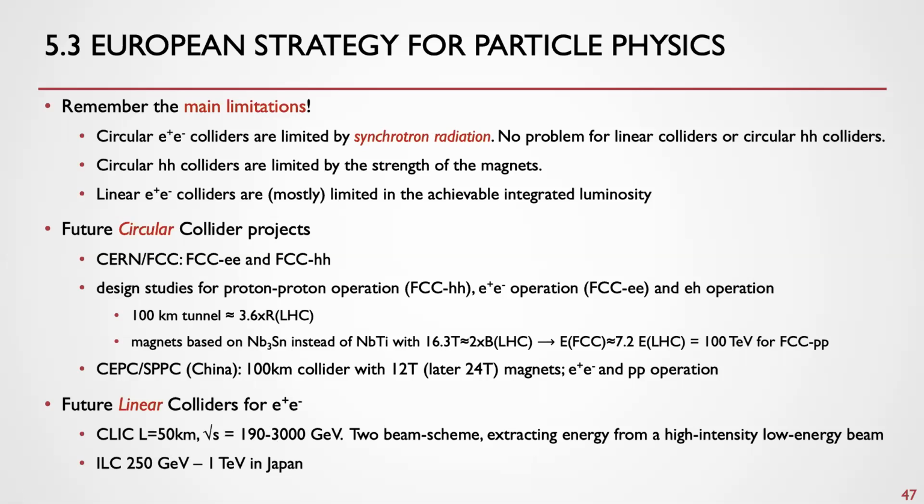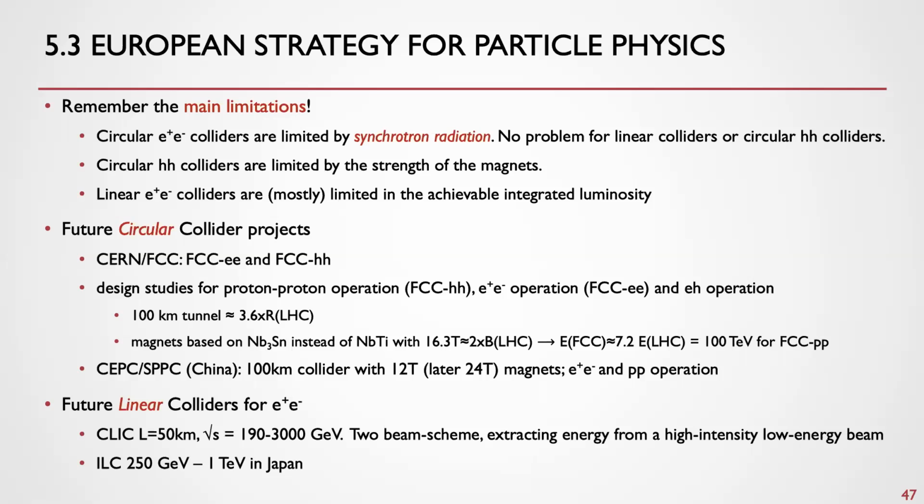It extracts the energy from a high-intensity, low-energy beam with a principle that's similar to what we discussed when we discussed the klystrons. So to achieve a very high gradient, a second high-intensity, low-energy beam is used.